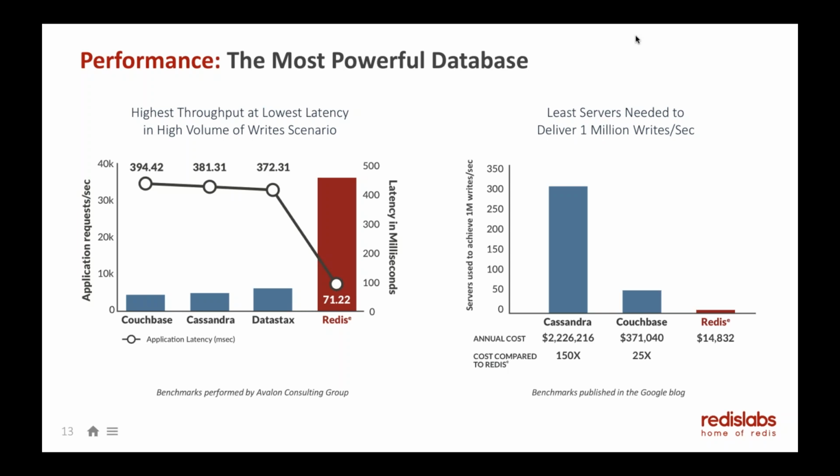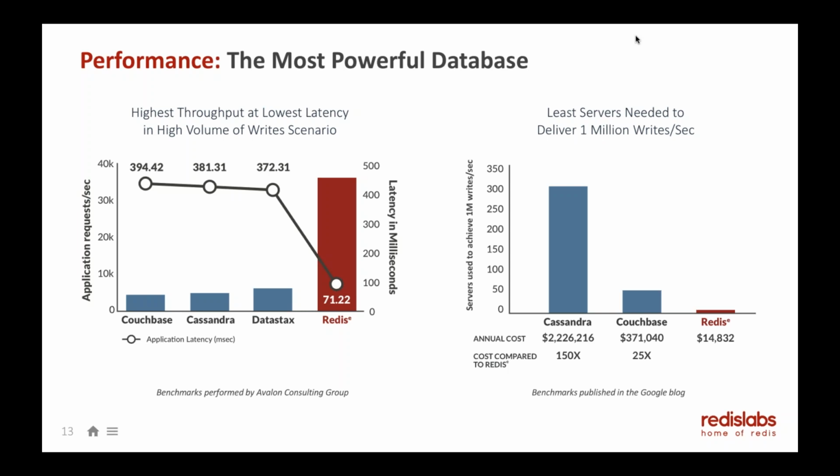And also, it has the least latency. So what you see on the left side is a chart that describes that. The bars show how many operations were done per second, and the line chart shows the latency.